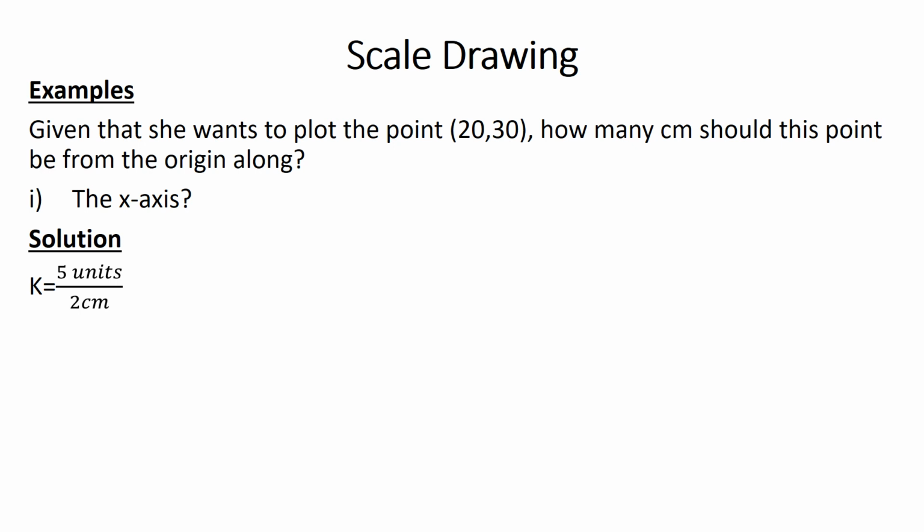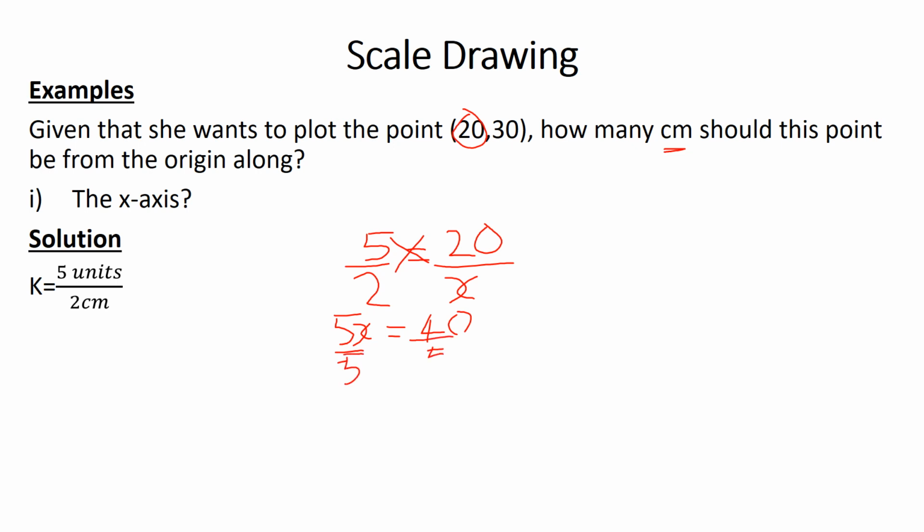But the K, we know it's 5 over 2 equals map distance. What's the map distance? The map distance, like I said, are these units. So we have 20. Okay, actual distance, which is the centimeters we're looking for, we don't know, so we write x. Okay, so now we can cross multiply. 5 times x is going to be 5x. 2 times 20 is going to be 40. Okay, then we can divide both sides by 5. Okay, so the 5 will remain with x here.